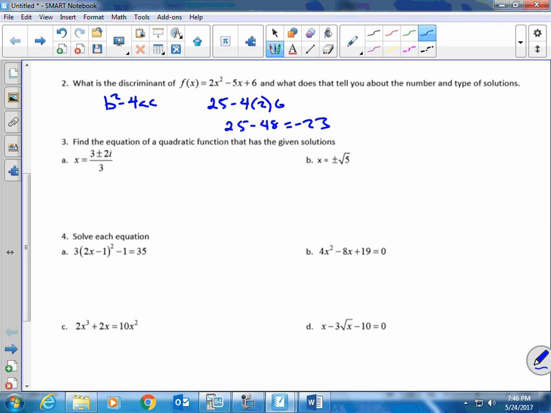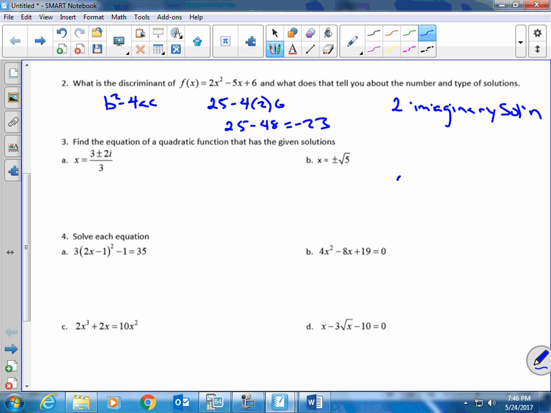Remember my form or my table I made before? If you have a negative discriminant, then you have 2 imaginary, spelled correctly, imaginary solutions. How many solutions are there? 2. What's the type of solutions? Imaginary. What are the other options?